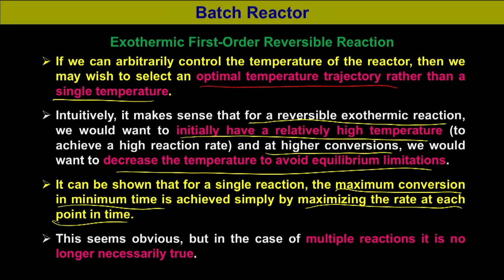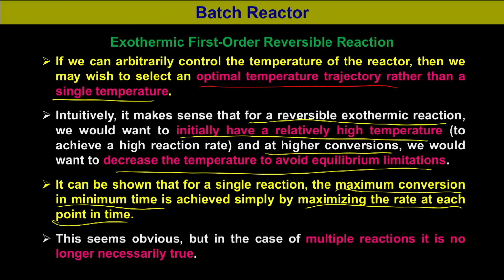So, intuitively it makes sense that for a reversible exothermic reaction, initially we need to have relatively high temperature because the conversion is low. So, we can very quickly achieve a good conversion with a minimum time. If we have high temperature, the reaction rate would be faster and it will give the conversion higher in a smaller time.